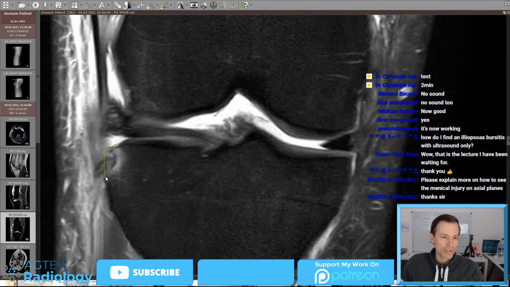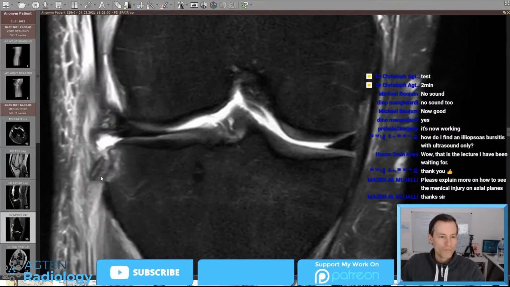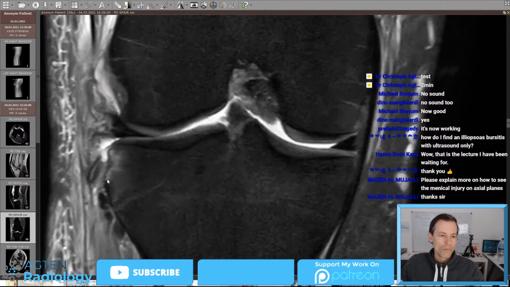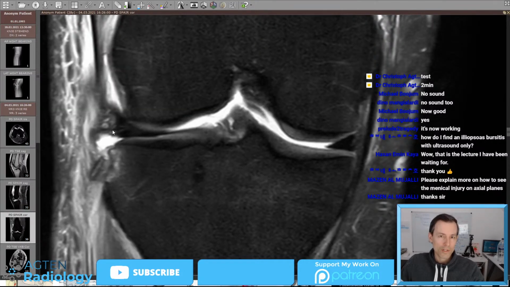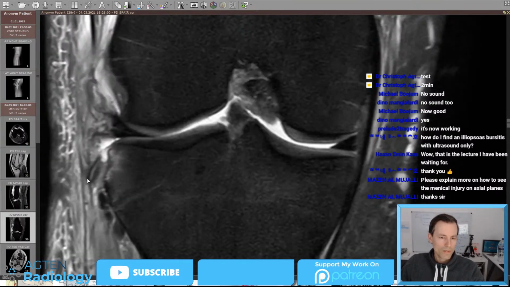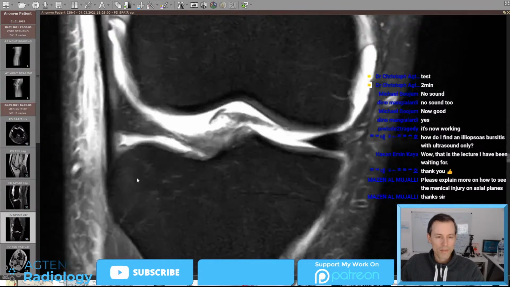So basically it's an avulsion fracture here. And if you've seen the video from last week about the anterolateral ligament of the knee, we can now quickly check whether it's actually an avulsion of the anterolateral ligament, the ALL, or maybe of another structure. So this is the avulsion fragment, but let's forget about it for the moment.